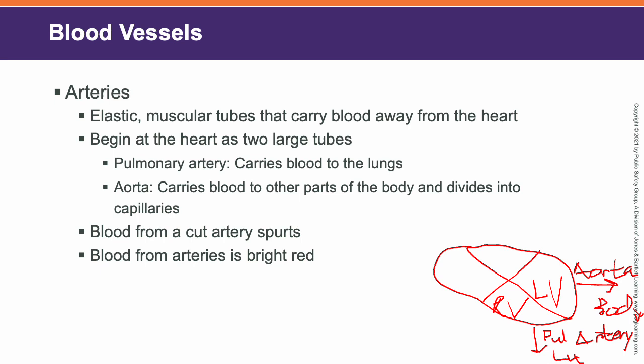When you bleed from an artery, it squirts out at the rate of your heart rate. The other thing you need to know is that blood that comes from arteries is bright red because it has oxygen in it. Okay, and then we'll talk about the type of blood that you'll see coming from the other blood vessels as well.